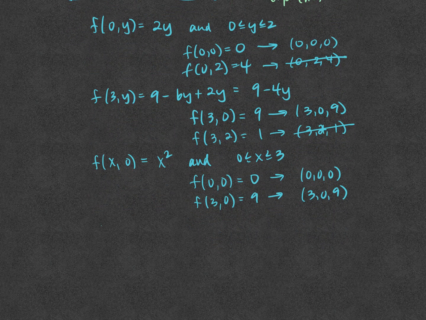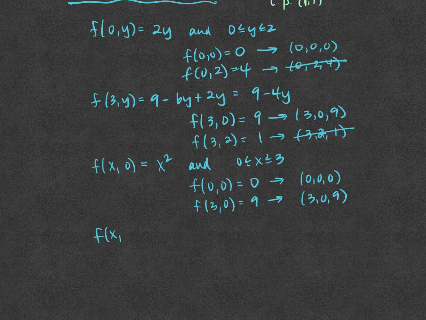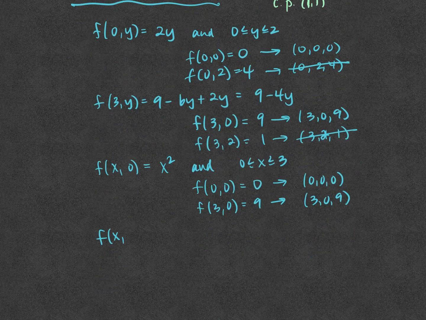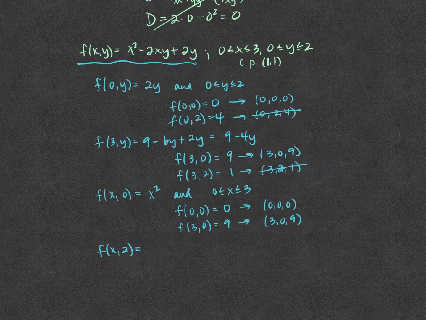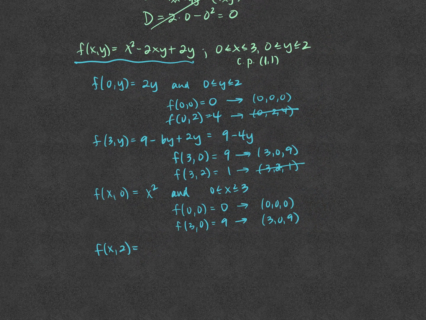And then we're going to say when x equals 0, y could equal 2. So we need to go back to the original f of x up here. When we plug in 2 for y, we keep x squared minus 2 times 2, which is 4x, plus 4. So now when y is 2, x can be 0 and x can be 3.